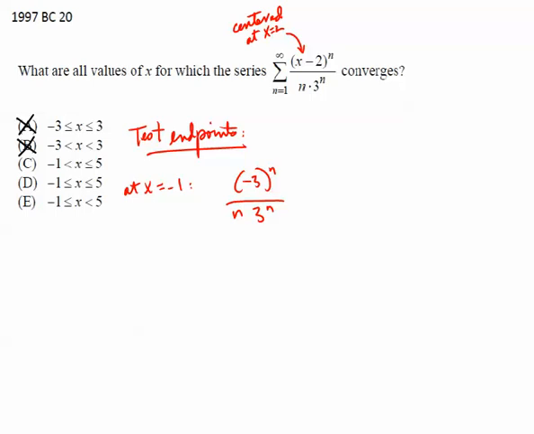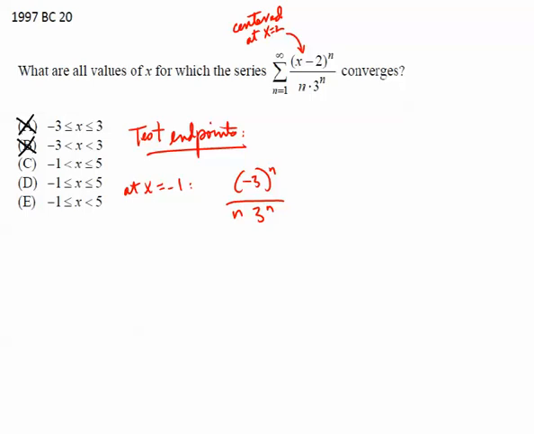And from that we can see for any even power terms, the 3 to the n in the numerator will cancel with the 3 to the n in the denominator, and we will have 1 over n. But for the odd power terms, we're going to get a negative.